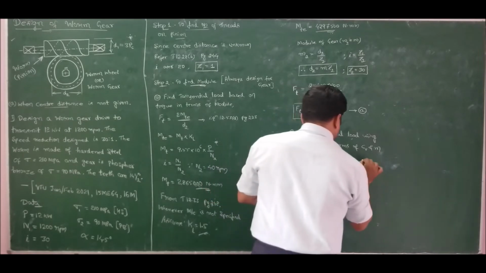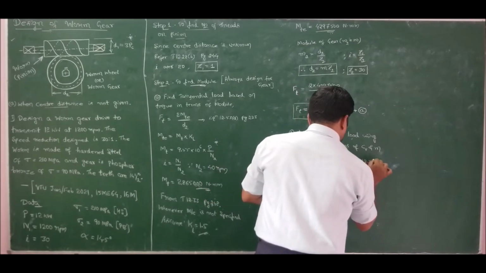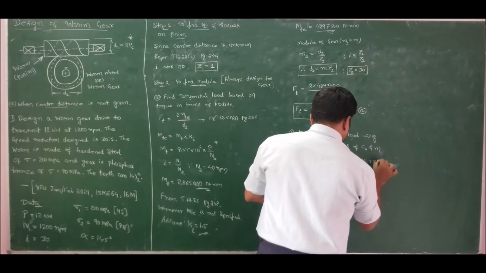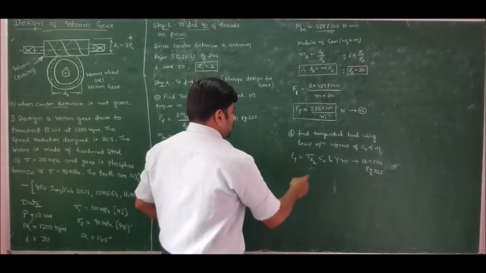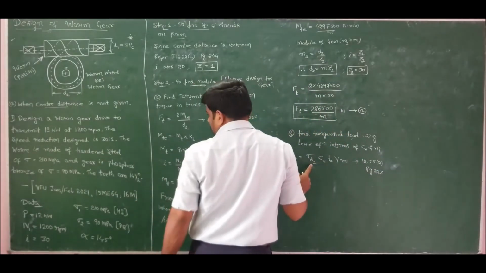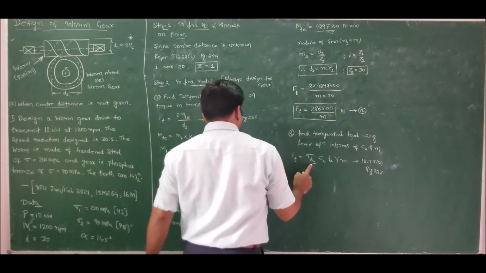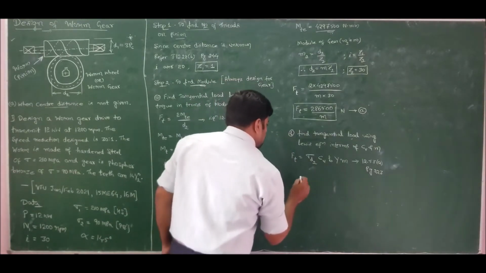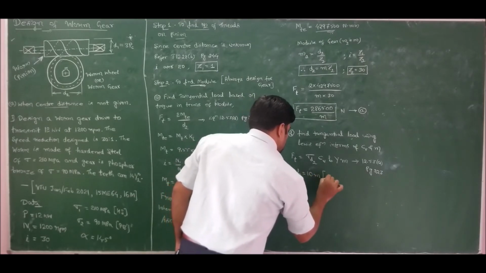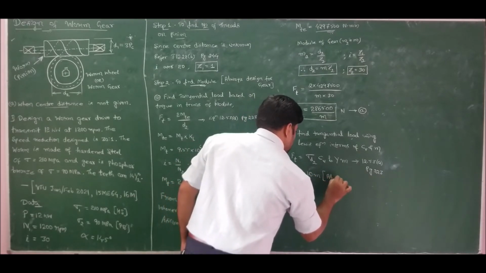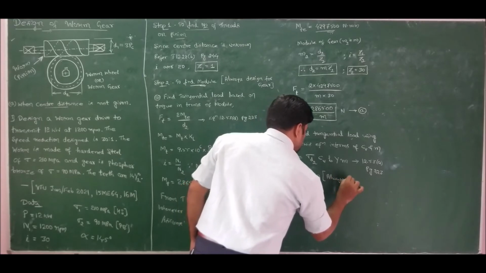This is equation 12.53a, referring to page 223 of our design data handbook. Now I don't know the value of CV, I know the value of sigma d2. Sigma d2 is 90 megapascals. B is not known. B is equal to 10 m, always, if not given, that is 10 times the module.